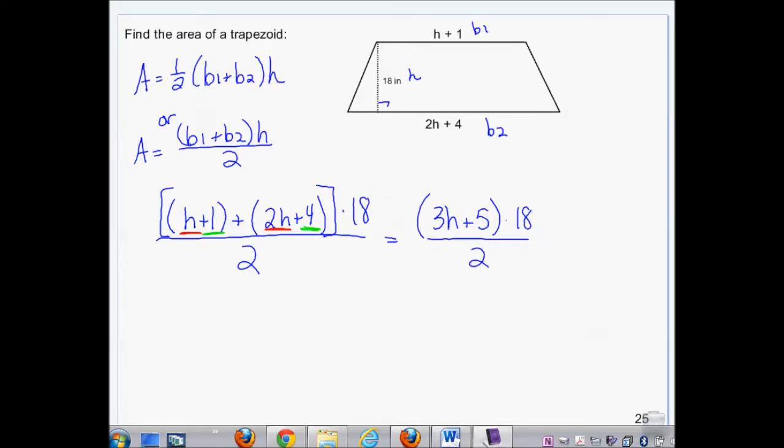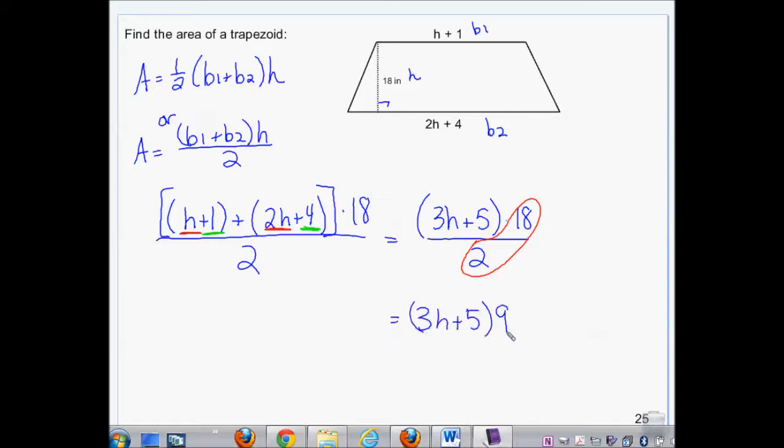So I'm going to multiply each of these by 18. And then I'm going to divide it by 2, or I can divide this by 2 and then multiply by that. Which would you prefer? Divide the 18 by 2. So let's undo that, and let's do this part first. 18 divided by 2? 9.